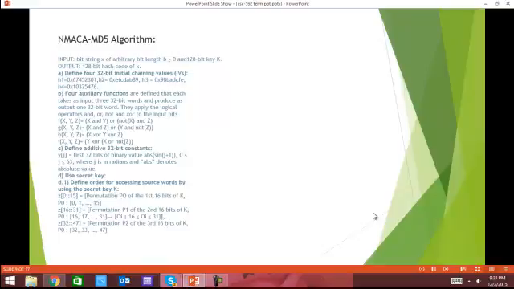In the first step, we define the 4 initial chaining values, which consist of 4 hash values H1, H2, H3 and H4, and we go with the 4 auxiliary functions, which contain 3 variables, each consisting of 32 bits, and the operations among the 3 variables are like AND, OR, NOT. So we define additive 32-bit constants.